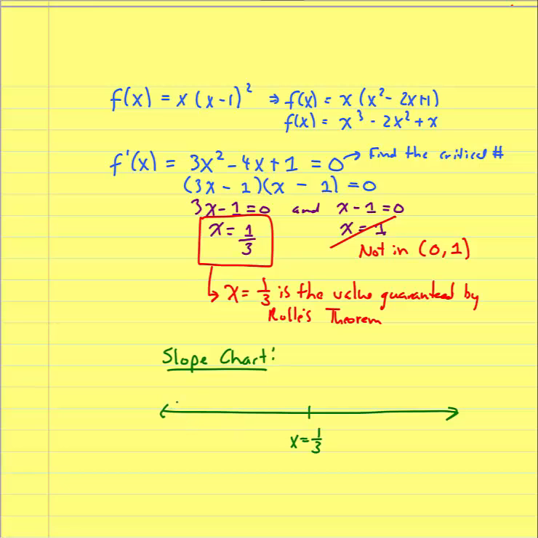And again, I'm really only checking values from 0 to 1, points not included. So I need to check a derivative value somewhere to the right and a derivative value somewhere to the left. But I can't choose a value like 2, 3, 4 because I'm only checking between 0 and 1. I could check a value, let's say like 1/2. And down here to the left of 1/3, I can't check something like 0 or -1. It has to be between 0 and 1/3, points not inclusive. So I could check something like 1/4.